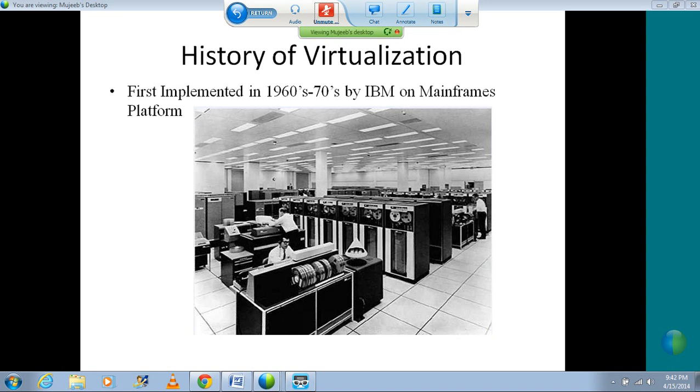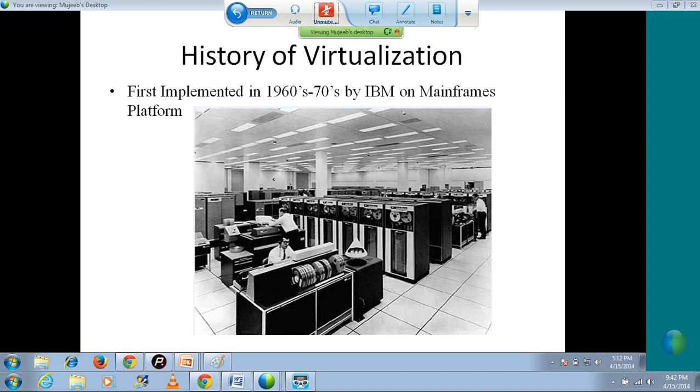Since then, till today, you have virtualization available on the mainframe platform. But we did not utilize virtualization till recent years, as I told you, maybe from 2001 or 2005 onwards. What went wrong? Why there was a gap is because we need to know a little bit about history.